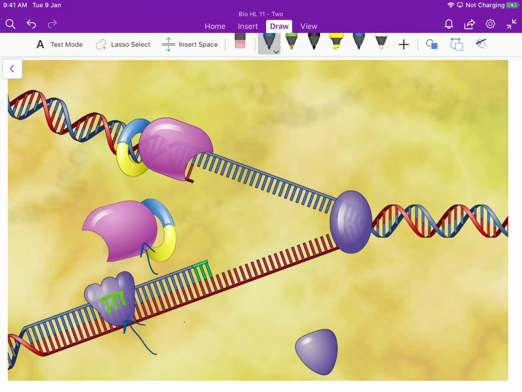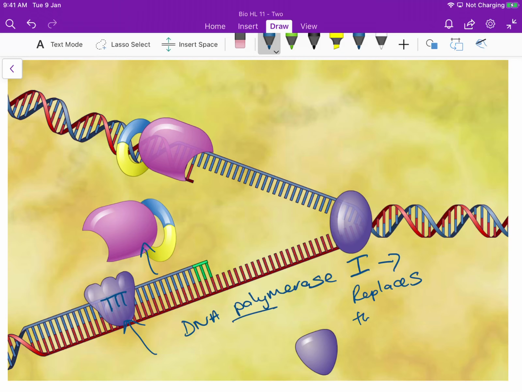Because it's making DNA, it is still a DNA polymerase. Because that's the idea of making new DNA. But this is DNA polymerase 1. So this is a different enzyme. DNA polymerase 1 comes in, and what it's going to do is replace that section of RNA with a section of DNA. So it replaces the RNA primer with DNA.